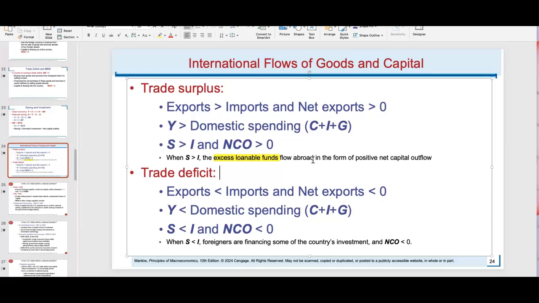If we have a trade deficit, so we import more than we export, then we can say that savings is smaller than investments. When the savings is smaller than investments, the foreigners are financing some of the country's investments. And that is why our net capital outflow is going to be negative, because it's foreigners financing some of the country's investment.